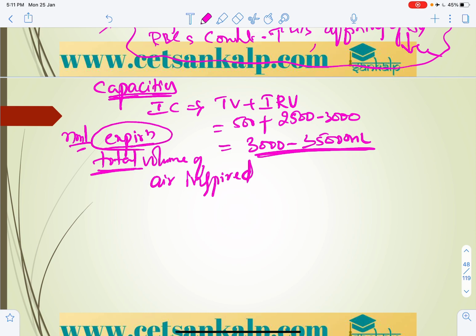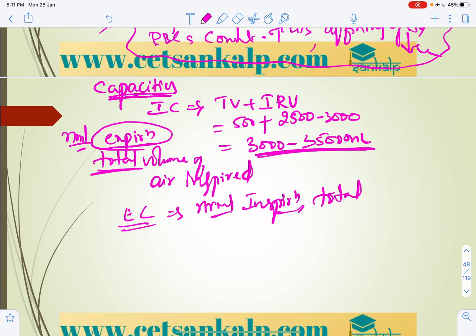Similarly, expiratory capacity is the total volume of air expired after normal inspiration.